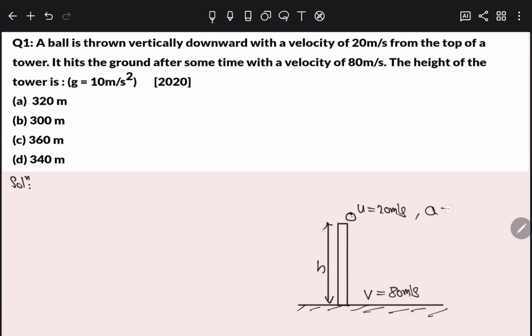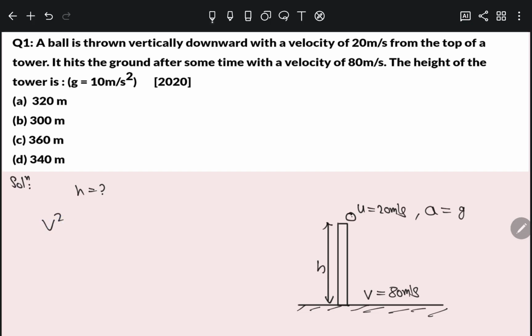And the acceleration due to gravity is g, right? And they are asking for h. What are they asking? The height of the tower, right?